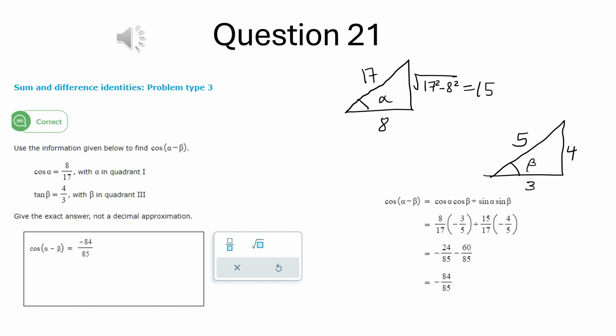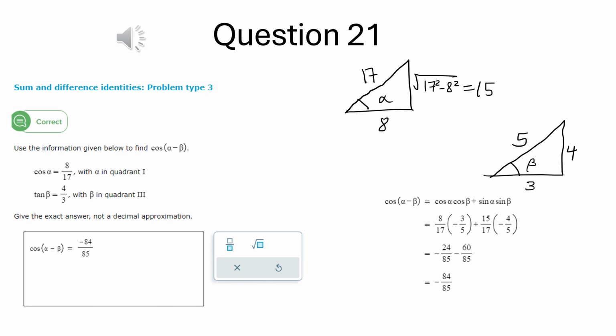Cosine alpha minus beta is equal to cosine alpha times cosine beta plus sine alpha times sine beta. Every trigonometric function corresponding to alpha is positive. So cosine is 8/17, which is given. Sine is 15/17, also positive.